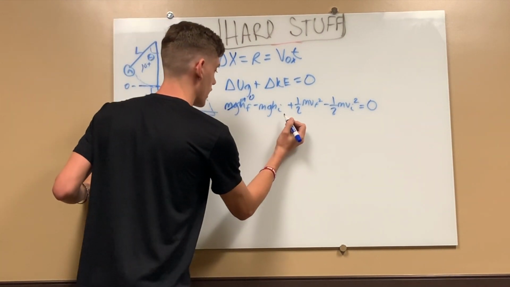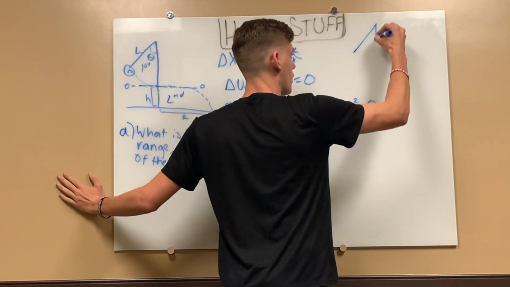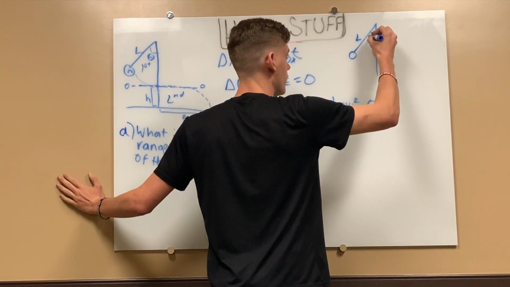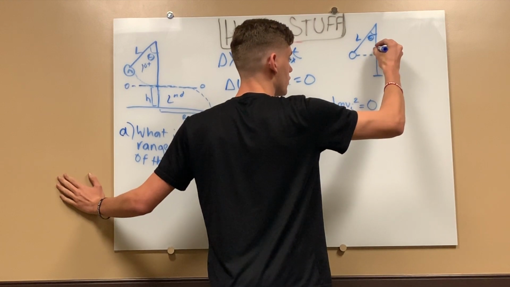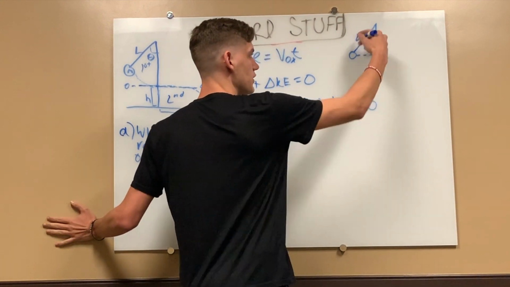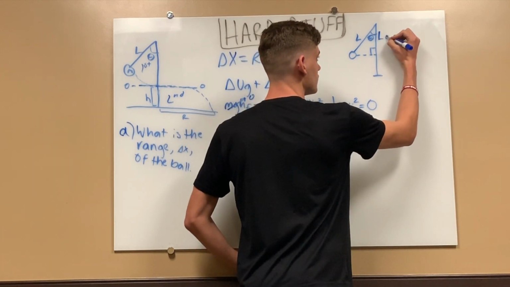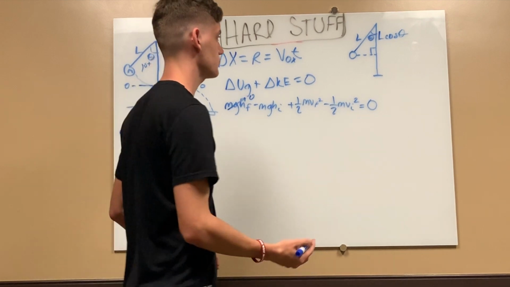For our initial height, we know that if we have this diagram, we can make a right triangle here. If this hypotenuse is of length L, then we can say that this has a side length of L cosine theta.